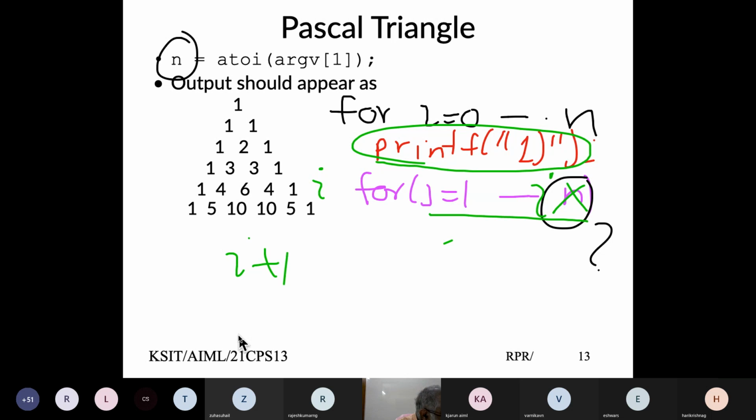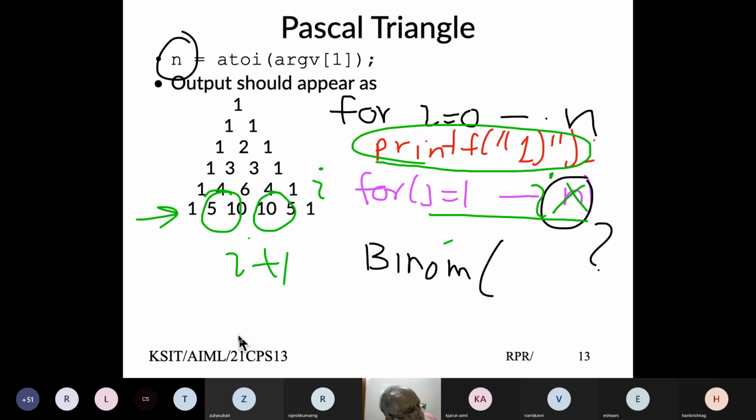I have the value of i indicating the line number, and j indicates the respective entry. So for a given i and j, what does this value show? The binomial coefficient. Of what? So this will be binomial of n comma i, n comma j, i comma j, or j comma i.